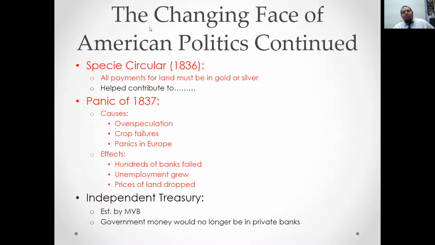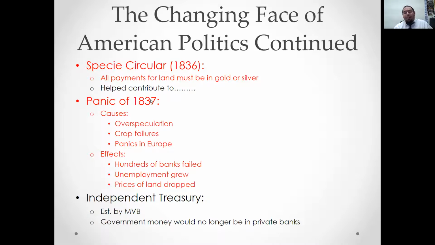You have the Specie Circular in 1836, under Jackson. All payments for land must be in gold or silver, and that's going to be controversial. Again, hard money, soft money.